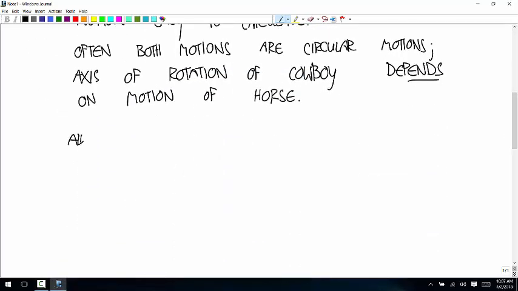We're always going to choose a coordinate system that's fixed to the horse.